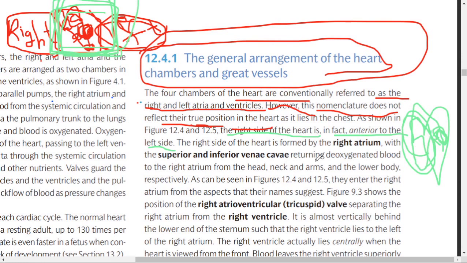The right side of the heart is formed by the right atrium with the superior and inferior vena cava. This is the right side of the heart.